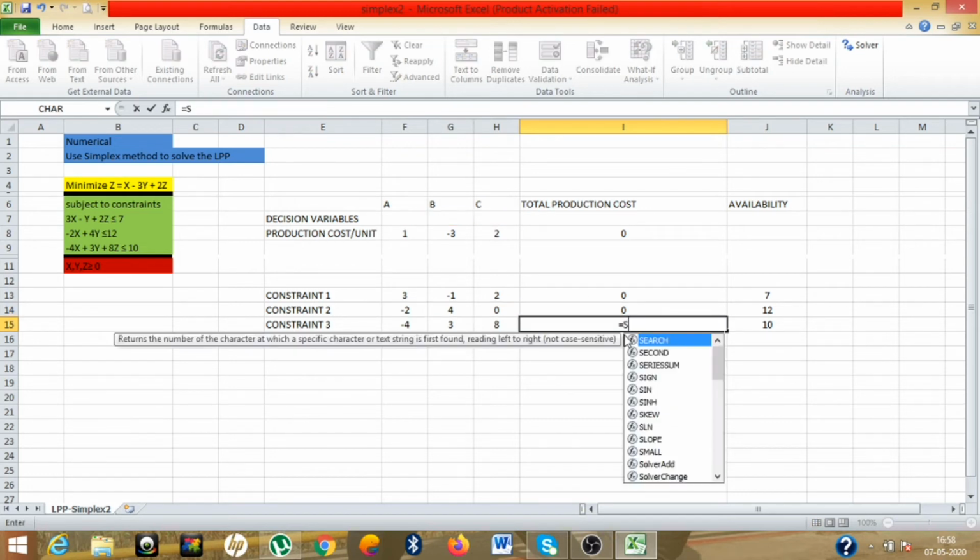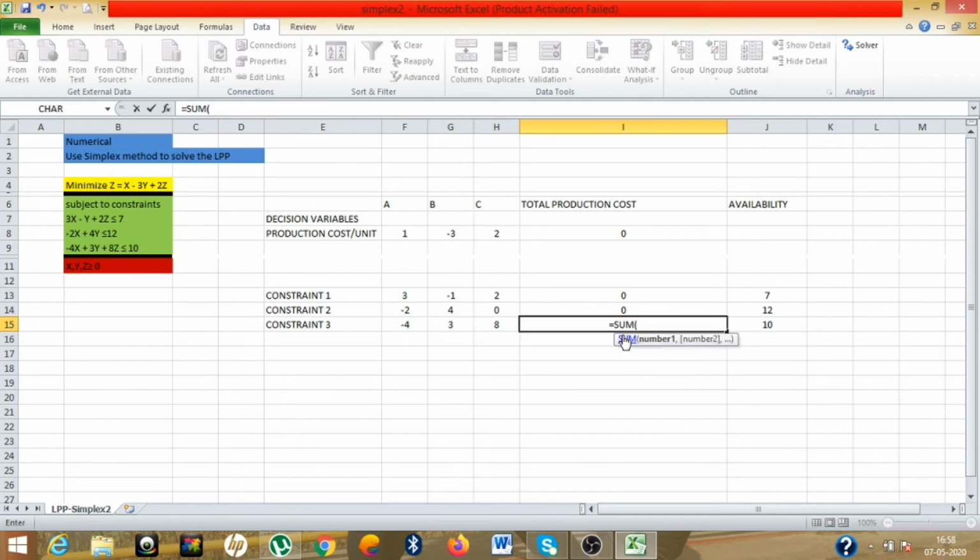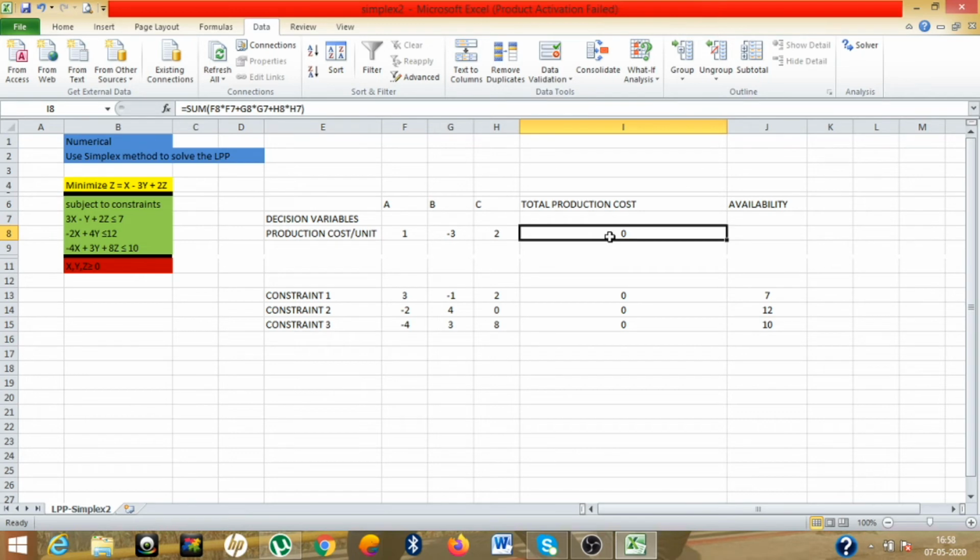Then for the third constraint, sum of minus 4 multiplied by x plus 3 multiplied by y plus 8 multiplied by z. These three constraints, the consumption of the three constraints, must be less than or equal to their availability. So now we have to find out the total production cost.